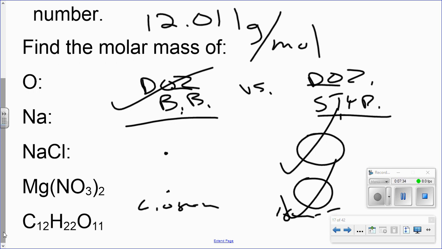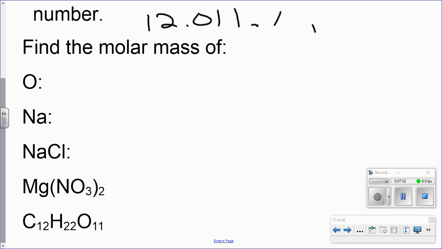So even though the particle counts are exactly the same, whether bowling balls, styrofoam balls, or carbon atoms versus lead atoms, the collections have different masses. So I'm going to look up these masses on the periodic table. Whenever you see mass, and I can't say this enough, whenever grams are asked for or given in the problem, you need a periodic table.